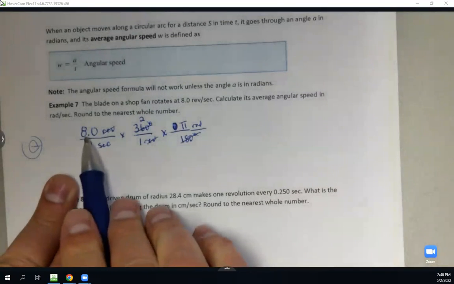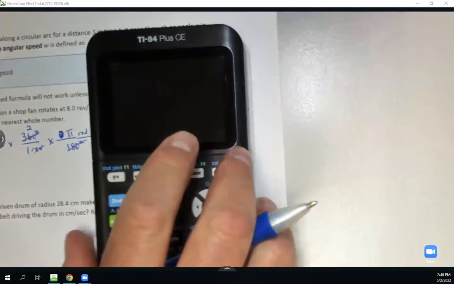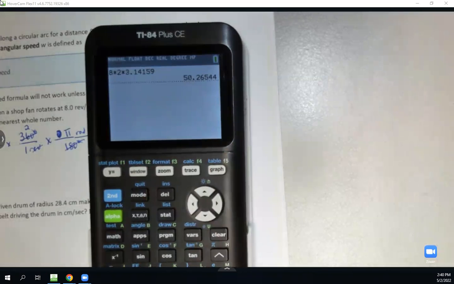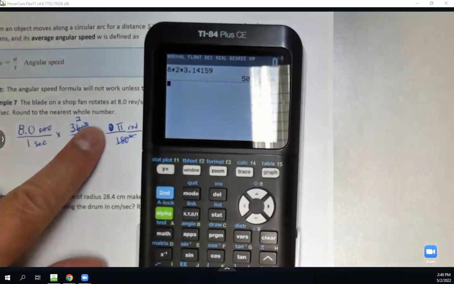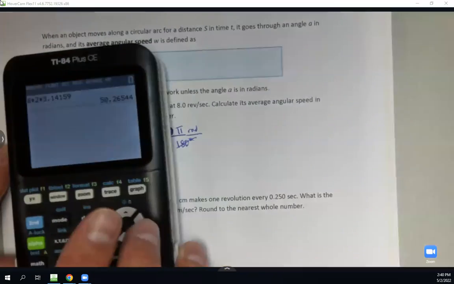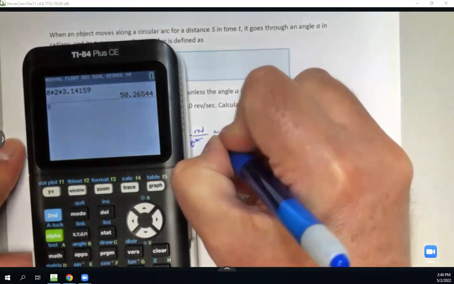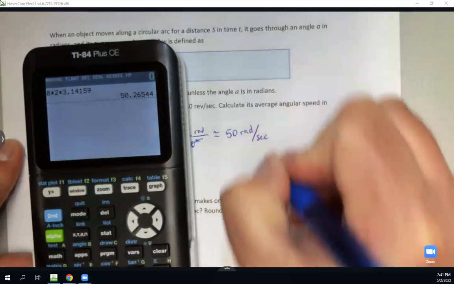So really all I have is 8 times 2 times pi. So 8 times 2 times 3.14159 is 50.26 and so on. But my directions say round to the nearest whole number. So if I round 50.265, that's going to be approximately 50 radians per second.